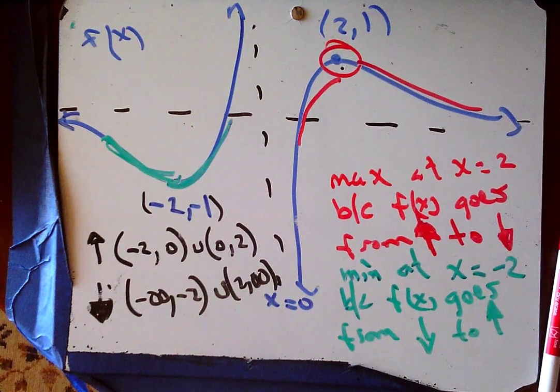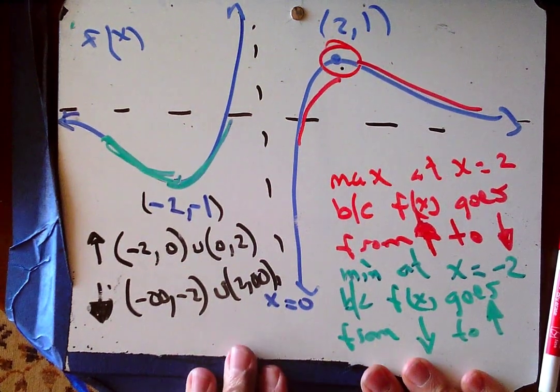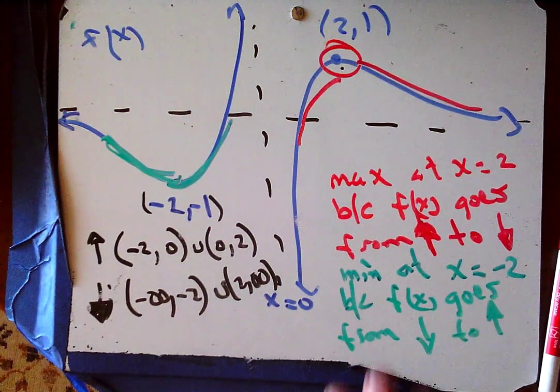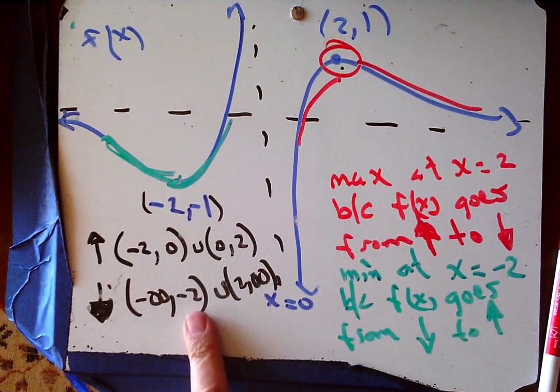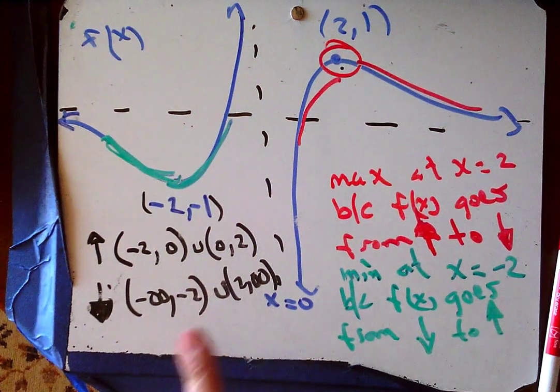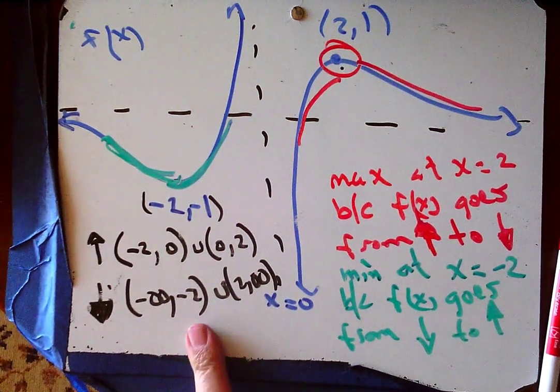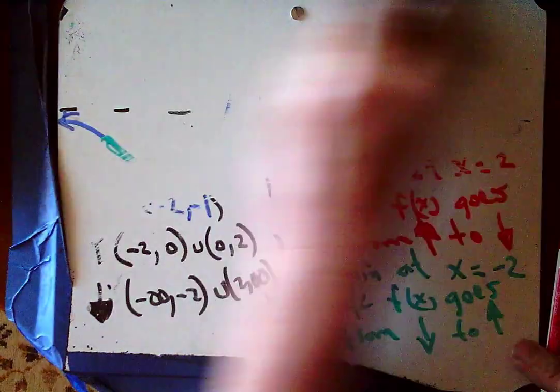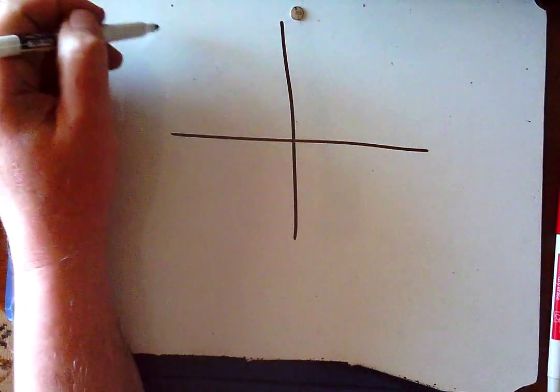All right, so that's my expectation of what you'll be doing when you're asked to describe increasing and decreasing and maxes and mins. Please, please, please remember that these are not ordered pairs. No ordered pairs. Okay, here's yours to practice with. A nice quartic function.